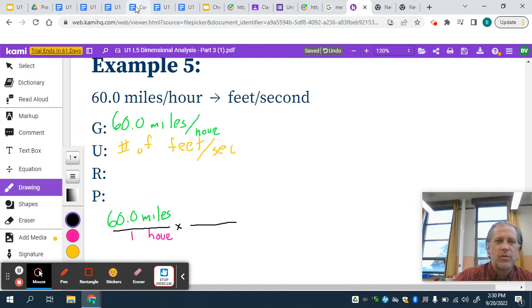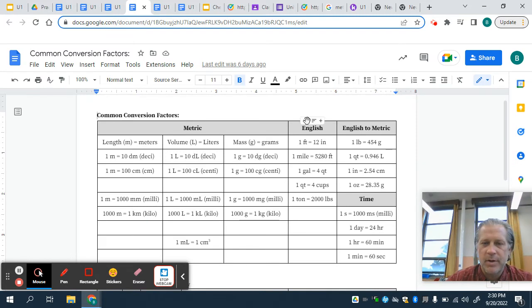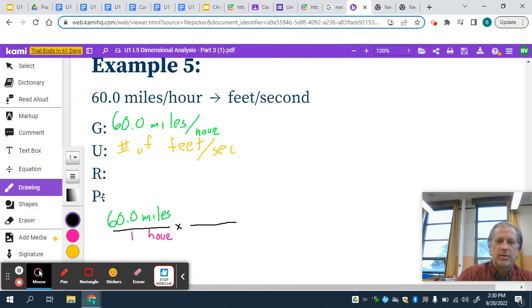So I'm going to go back to my common conversion factor chart, and I see that there is a relationship between miles and feet. 1 mile is equal to 5,280 feet. So we're going to use that. So I'm going to say that 1 mile is equal to 5,280 feet.